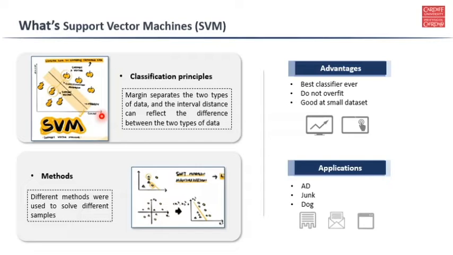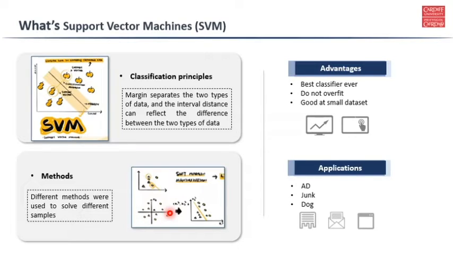When the sample distribution intersects with the margin, we need to find the line that minimizes the distance between the sample vector and the margin.